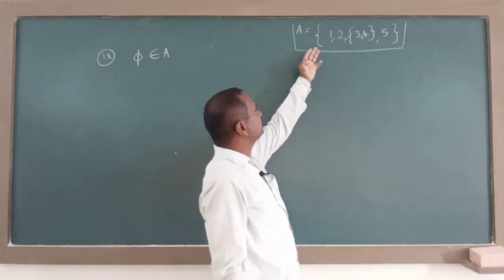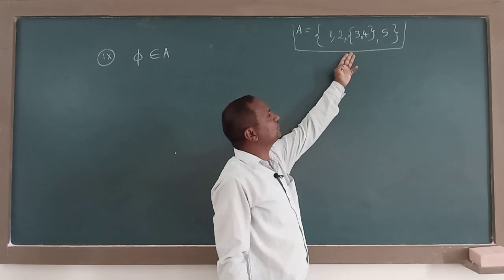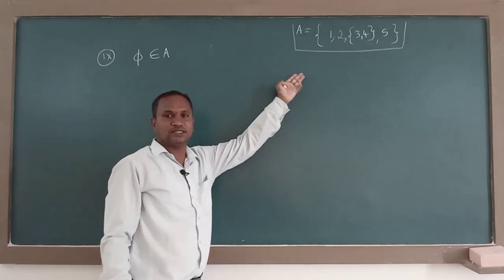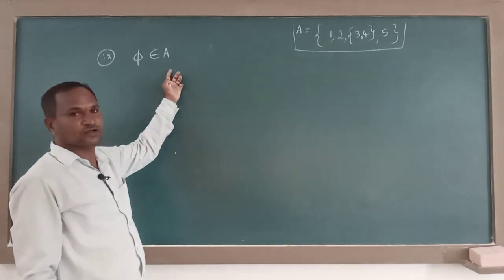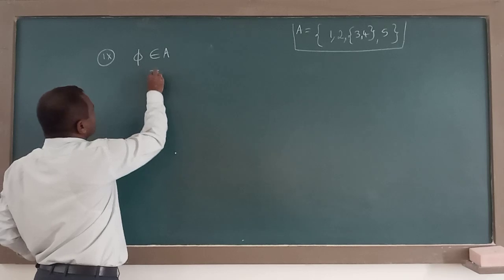The elements of set A are 1, 2, set of the elements 3, 4, 5. But 5 is not present independently in that set, yet the statement says 5 belongs to capital A. That's why the given statement is incorrect.